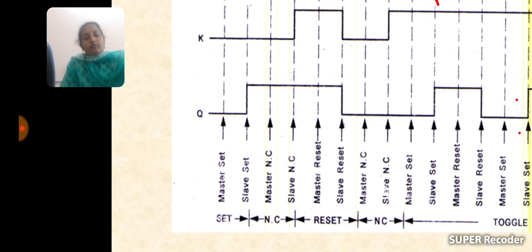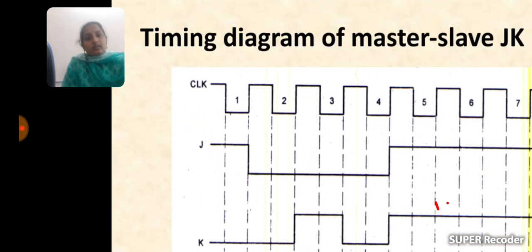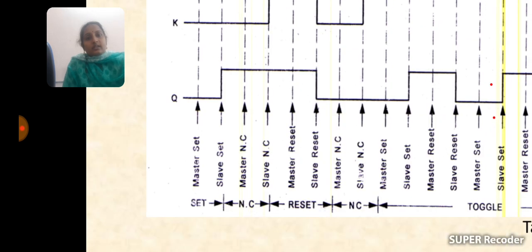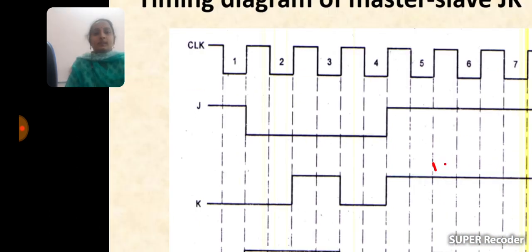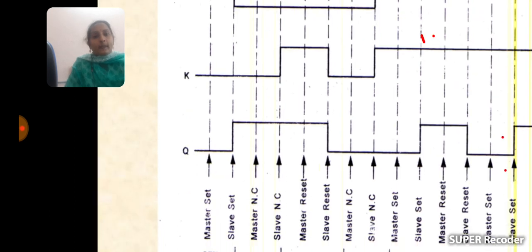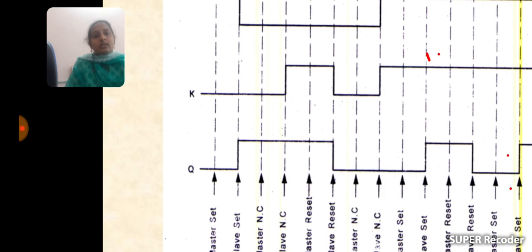If the master is in active condition, the slave is in deactivated condition. If the slave is in active condition, the master is in deactivated condition. Here, once observe, if J is equal to 1 and K is equal to 0, we are getting Q is equal to 1.